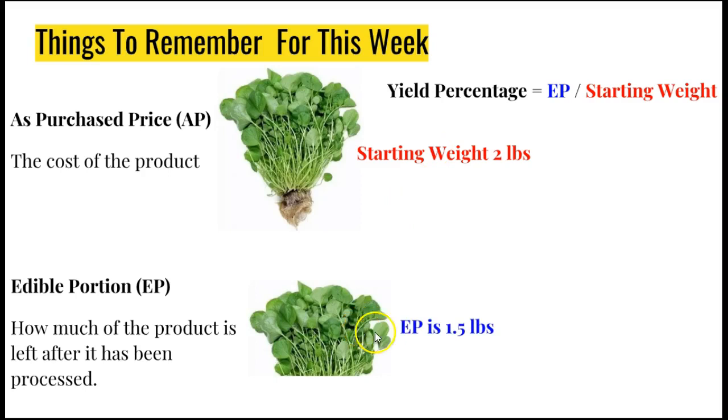Your edible portion is 1.5 pounds after being processed. So 1.5 divided by 2 pounds will give you 0.75. If you times it by 100 or you move that decimal place over, you're going to get 75%. So my yield percentage is 75%.